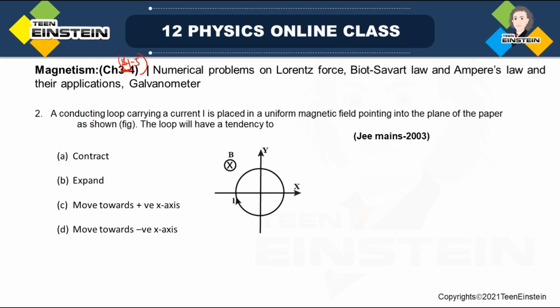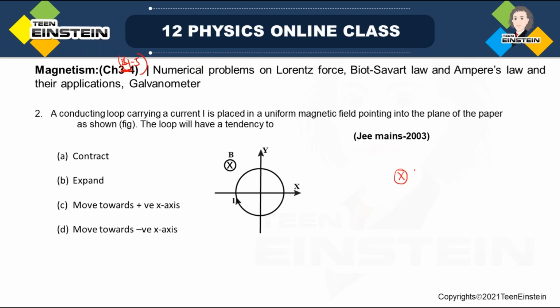So a conducting loop carrying a current I, you can see this is a conducting loop carrying a current I, is placed in a uniform magnetic field pointing into the plane of the paper as shown in the figure. So this is the magnetic field, assigned like this, so it is actually into the plane of the paper.